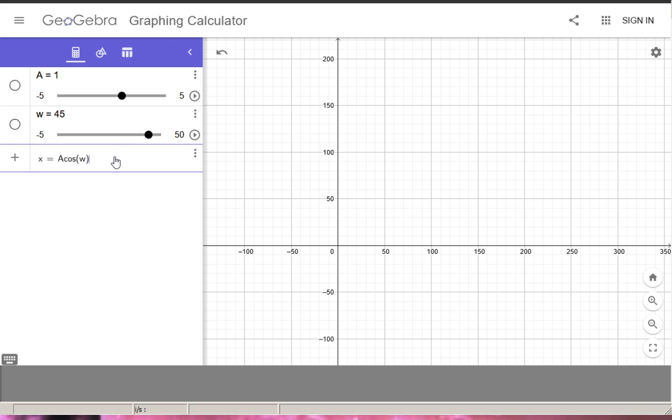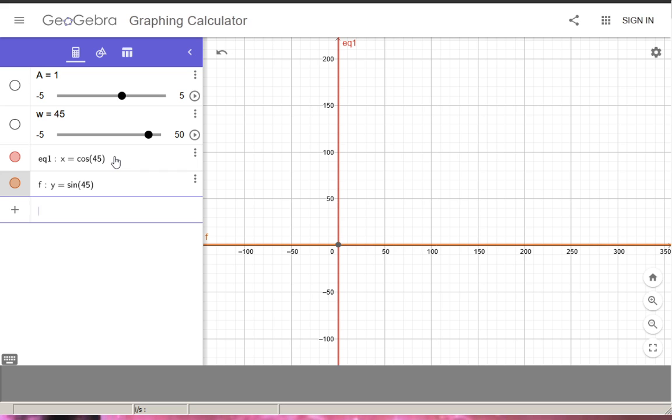Doesn't work that way. x equals cosine w, y equals sine w. Why does it say F here?